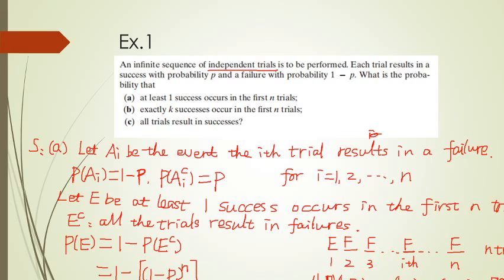Take the probability for each trial, then take the product of those n together. So that will be (1 minus p) to the exponent n. So that is the final answer, okay? And for this question, it will be more convenient, or more clear, to think about its complement, this event's complement.